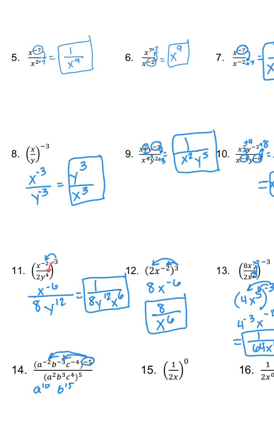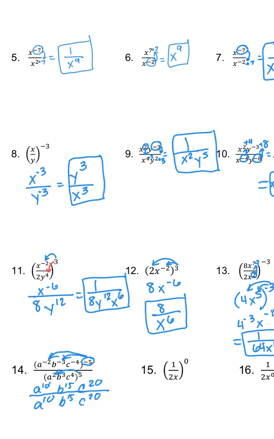And negative 5 times negative 4 gives us 20. All right, and let's go ahead and do the denominator. So we have 5 times 2 is 10, so that's a^10. 5 times b^3 would be b^15, exponent 15. 5 times the exponent of 4 would be c^20.